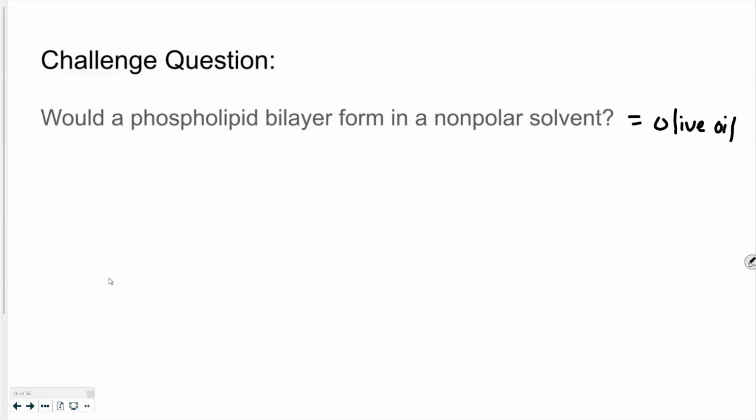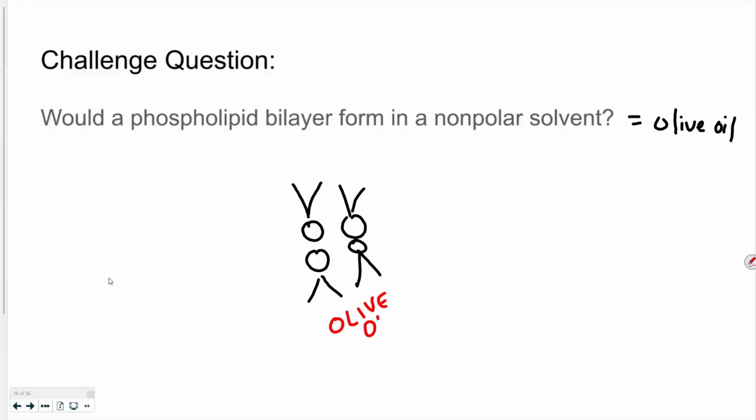Okay. So you might think we would have the fatty acid tails sticking out and interacting with our olive oil. Okay. And that's a good hypothesis.